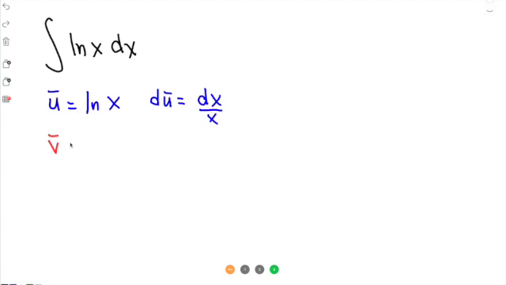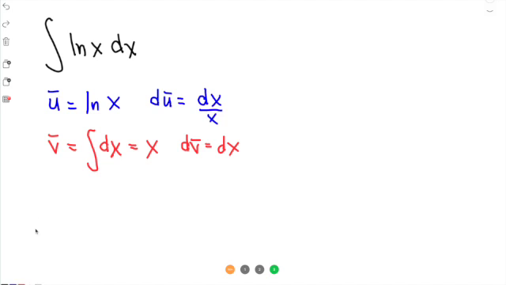And again, v bar would be what remains. So the integral of dx is equal to x, and dv bar would just be, of course, dx. Okay.